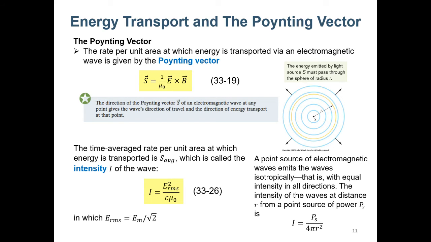So the direction is easier to understand. It's just the propagation direction of the EM wave, and the magnitude of it is the energy per unit area it transmits.